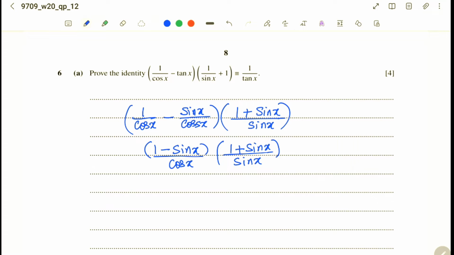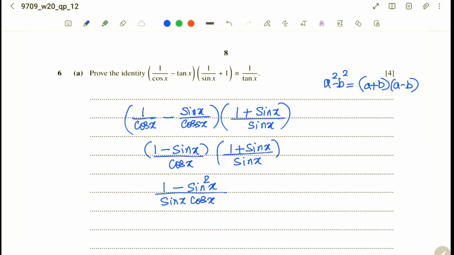We know a square minus b square can be written as (a plus b) multiplied by (a minus b). So here (1 minus sin x) multiplied by (1 plus sin x) can be written as 1 square minus sin square x, divided by sin x cos x.